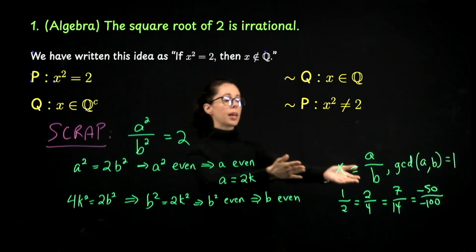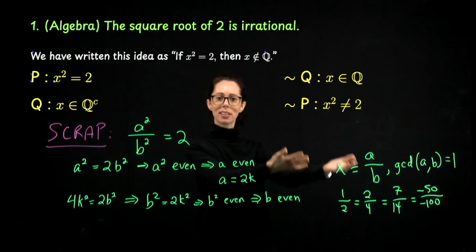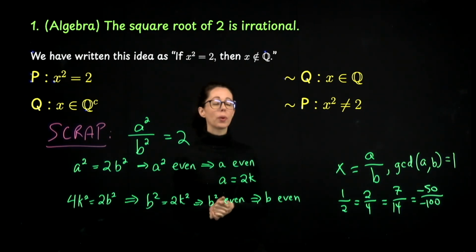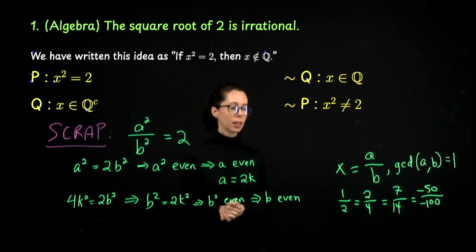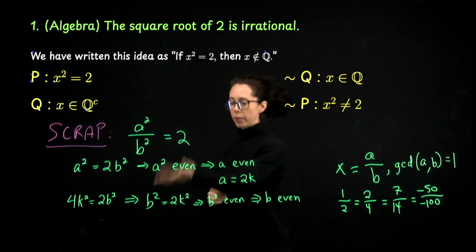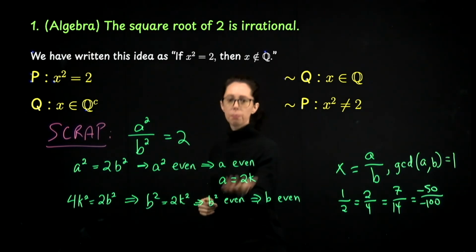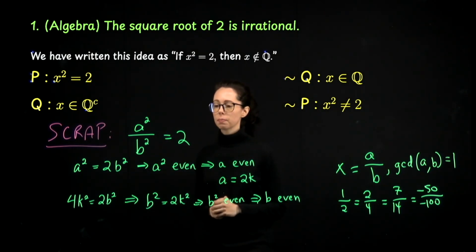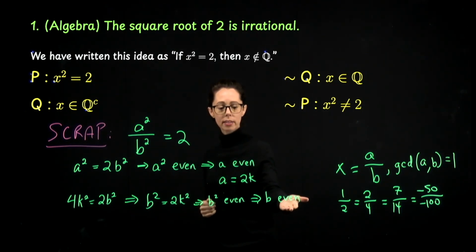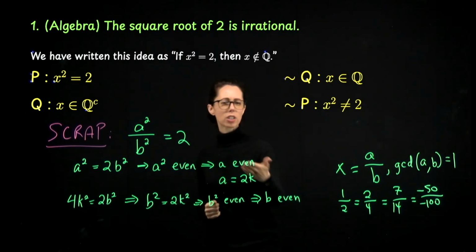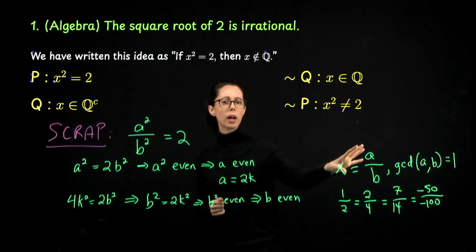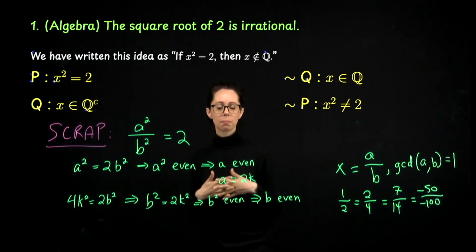So we will introduce x by saying we have found the best representation for it, the one which is fully reduced. And then we will come over here and realize, no, wait. We're now saying that actually both are even. Our fraction couldn't be reduced, even though we said that it was, and that's the contradiction.